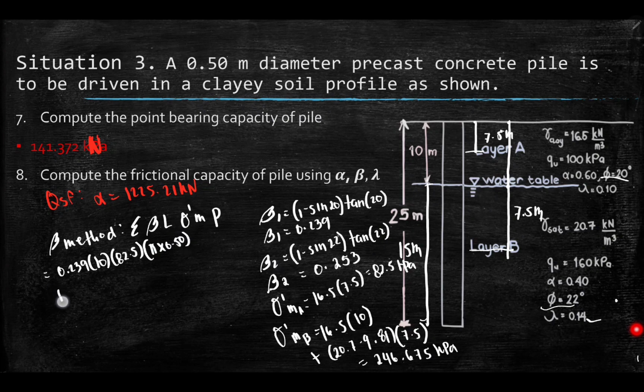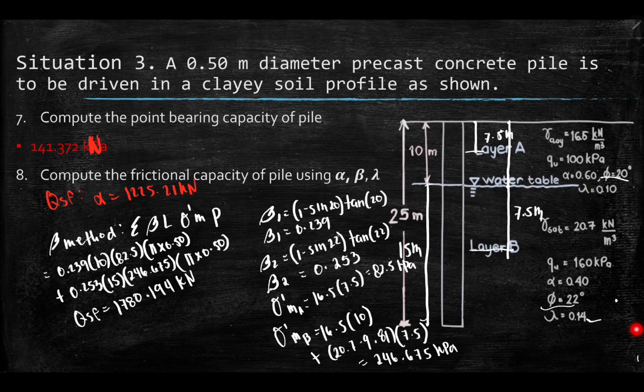And for soil layer B, ang beta 2 niya is 0.253 times its total length, which is 15 meters, times the sigma prime MB, 246.675 kilopascal, and our perimeter, pi times d. Therefore, ang ating QSF considering beta method is equal to 1780.194 kilonewton.